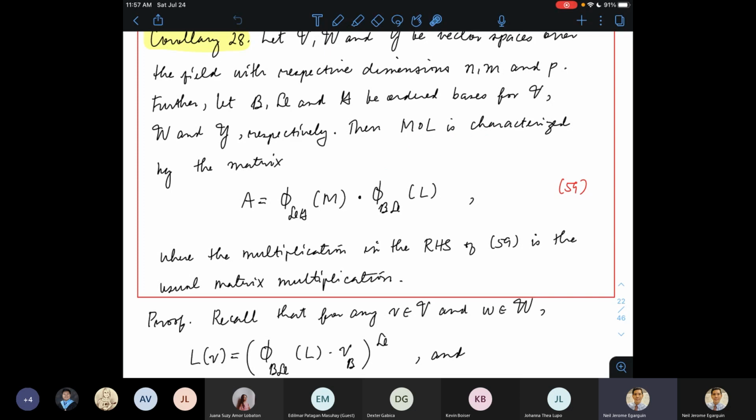So here, we need to be clear that you are pre-multiplying the matrix representation for L by the matrix representation of M, okay? And we have a hint of that because we also know that composition of functions is not commutative, right? So M circle L is not necessarily equal to L circle M.